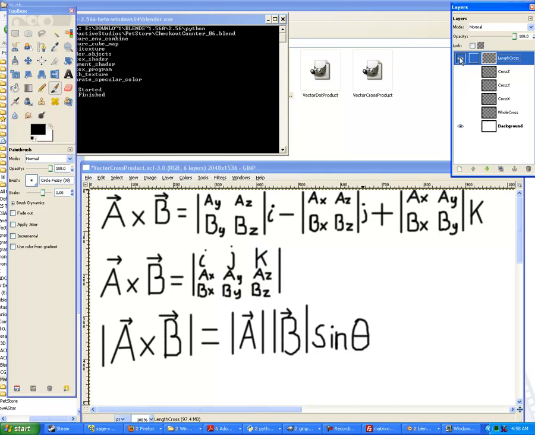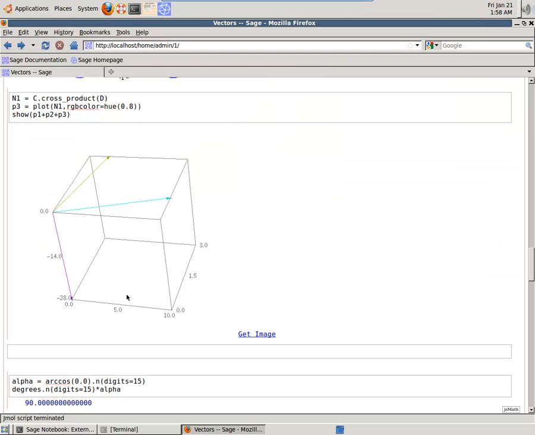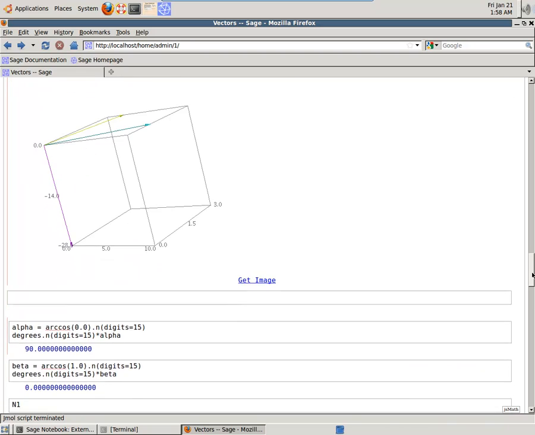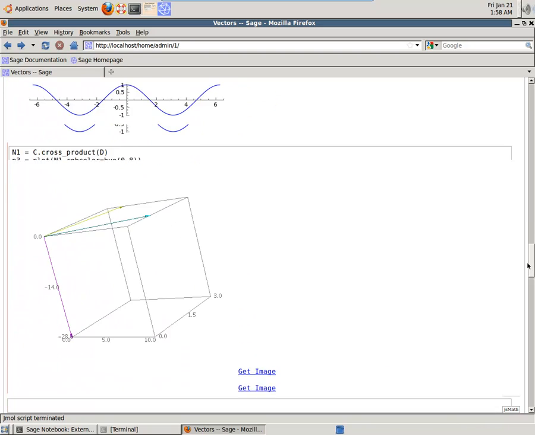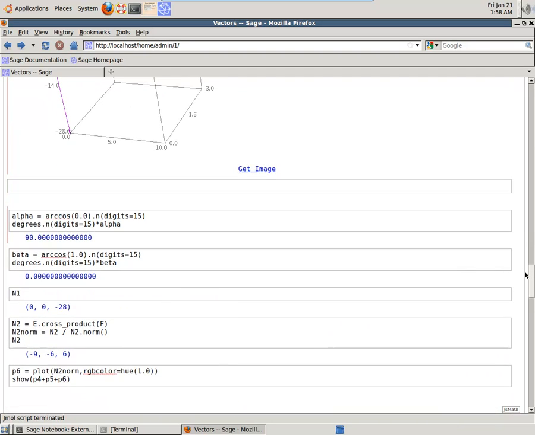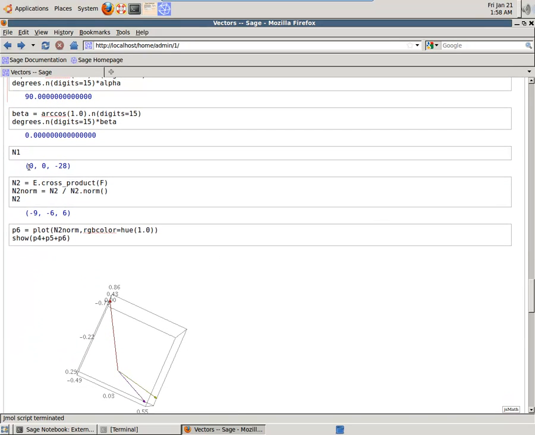Let me show you a calculation. So these normals coming off these surfaces are super important, and we use them all the time for that reason. Okay, so if I do the cross product of the normal here, and I just call this M1 so that way I can keep track of it, and we can see what M1 comes out to be, and that is 0, 0, negative 28.